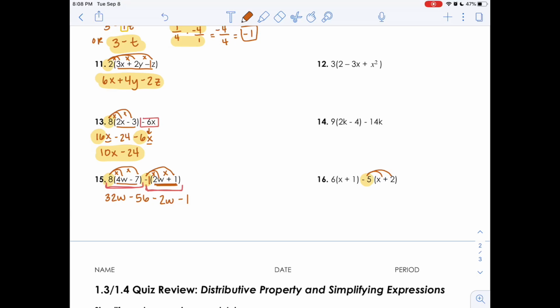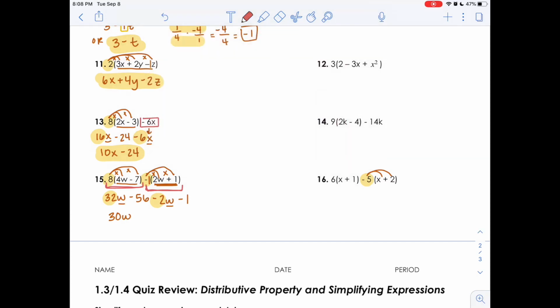Now that I've distributed everything that I can, I want to see if I can combine any like terms. Well, if you notice, I have 32w, and then I also have a -2w. Those have the same base, same exponent, so I can combine these terms. So I have 32 minus 2 gives me 30w.